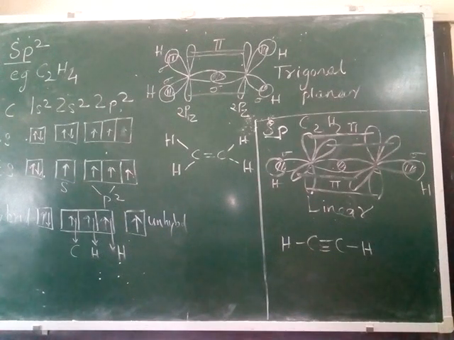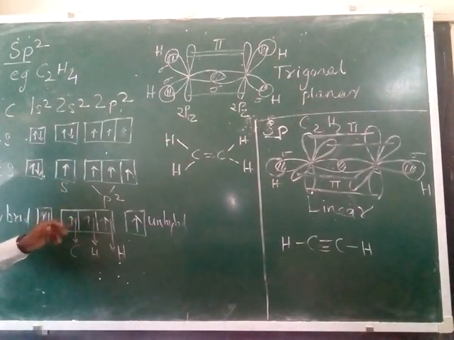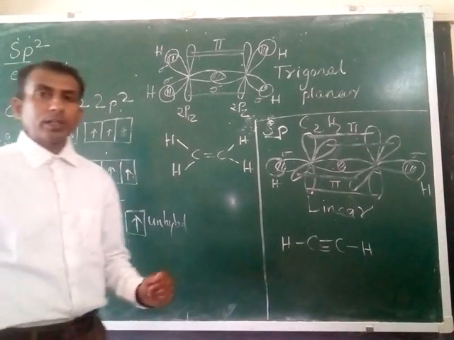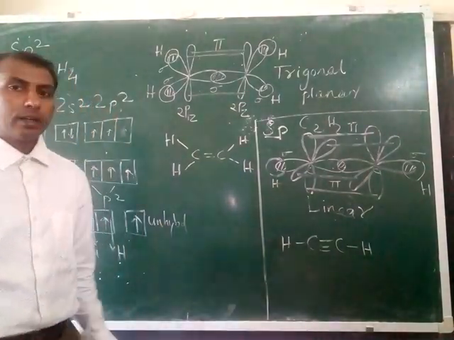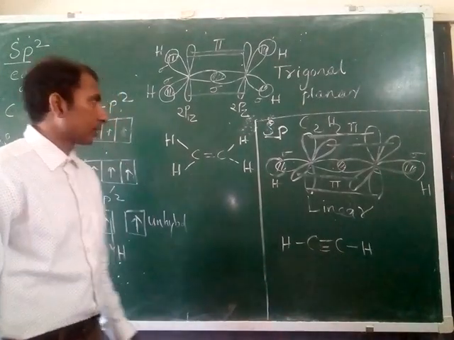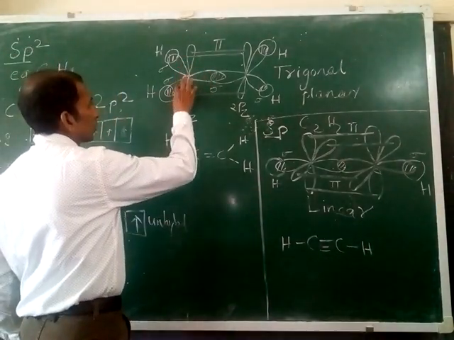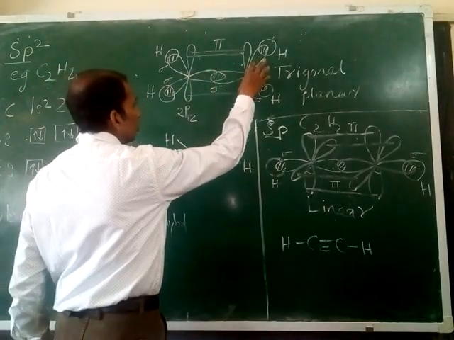Okay, so now the geometry and orbital diagram. These 3 sp2 hybrid orbitals which are produced have trigonal planar geometry. These are the 3 sp2 hybrid orbitals of the first carbon atom, and similarly 1, 2, 3 for the second.